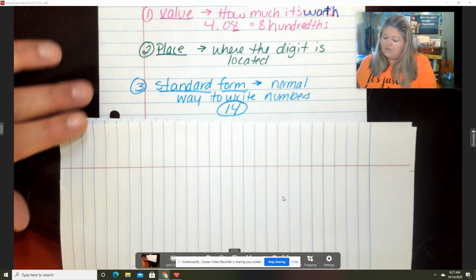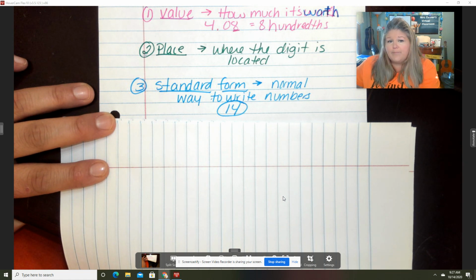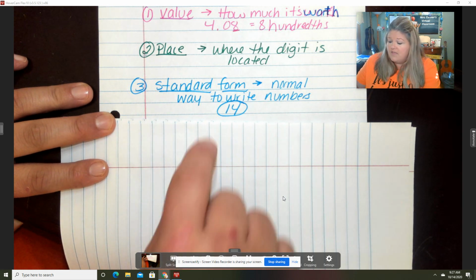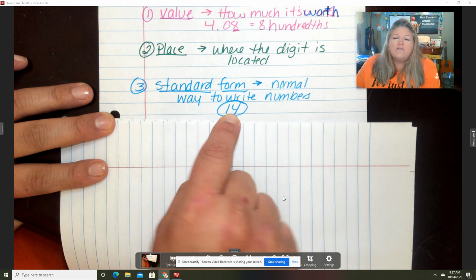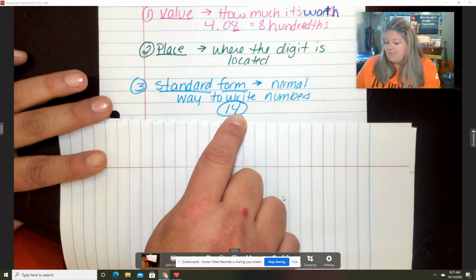Okay, standard form. So this is the way that numbers are written, the regular way we write them. Standard form just means the number way that we write. So if we wrote 14, we write it 14. So I know I'm going a little fast. So if you need to pause the video, pause it, and then catch up, okay?